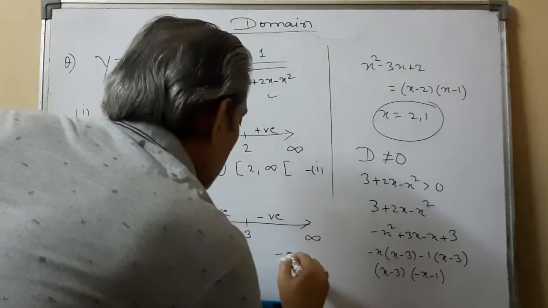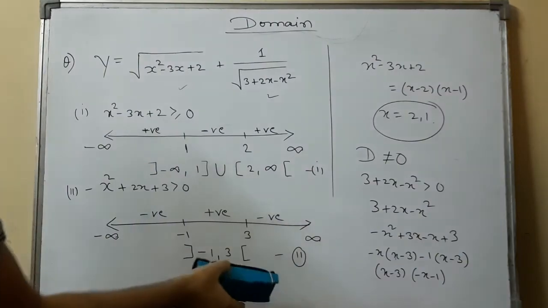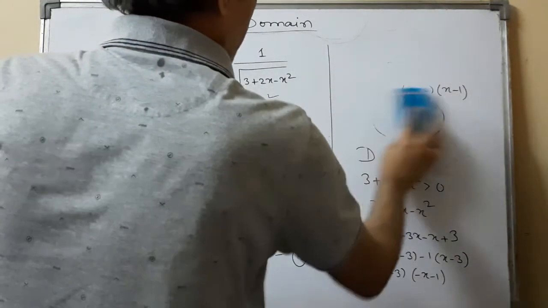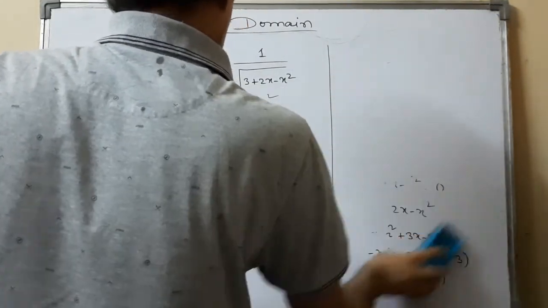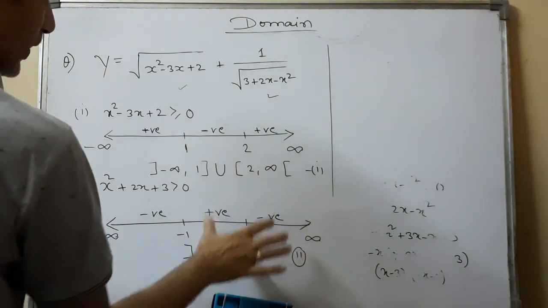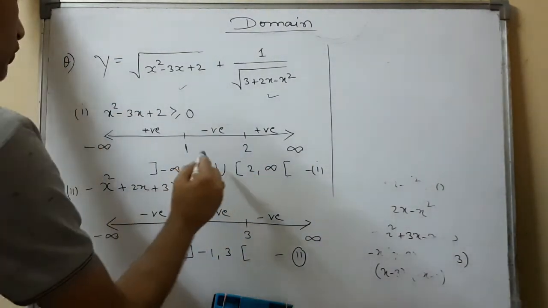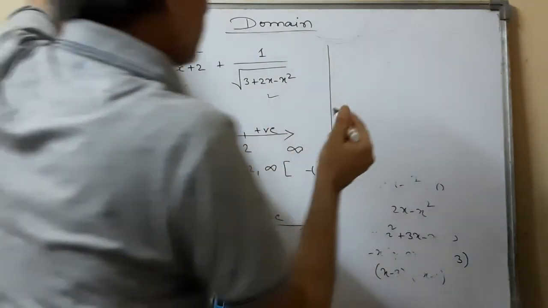Call it 2. Now take only those values of x which are common to 1 and 2.